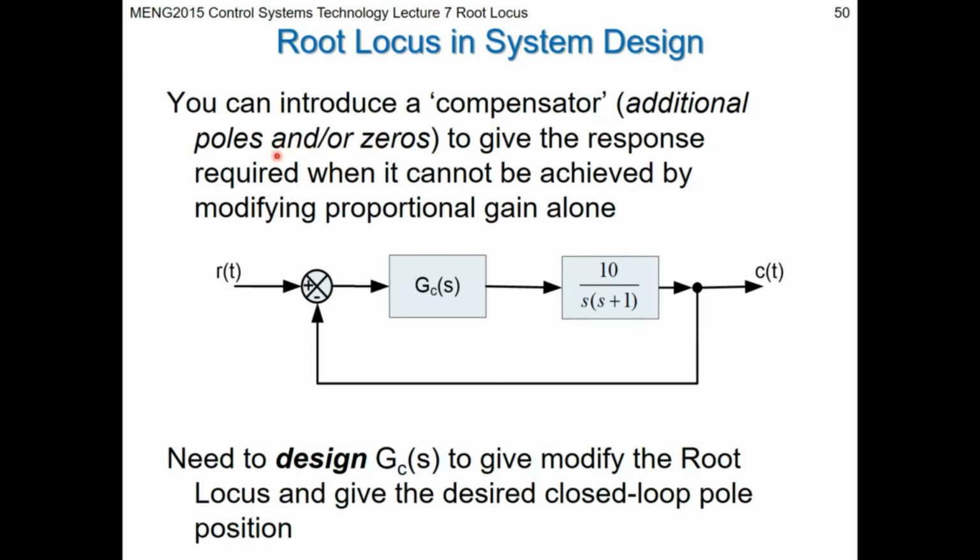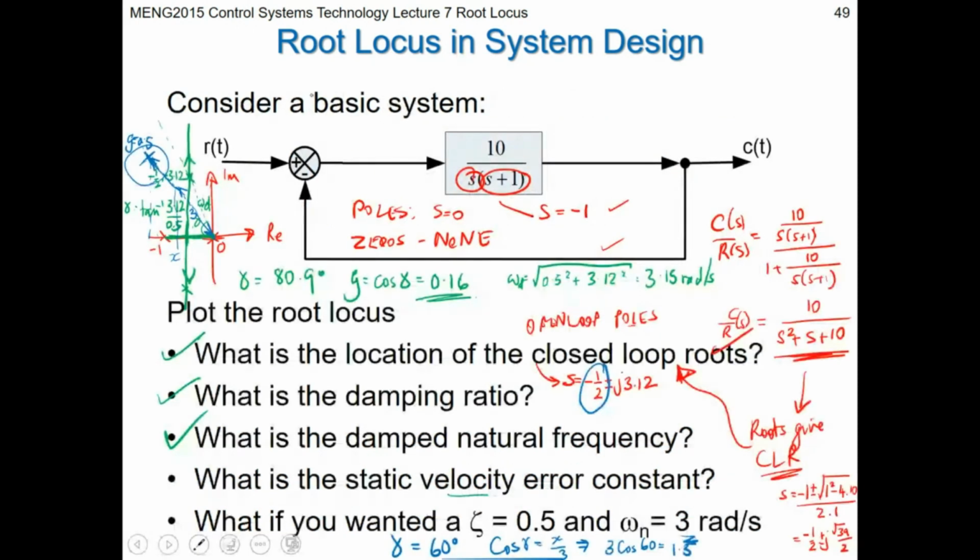You can add a real pole or a real zero, or you could add a complex conjugate pole or a complex conjugate zero. So you can add these different elements using that same root locus plot, and that causes the locus to change shape. That allows us to now get the response we require. So if we can change the shape of the locus, then we can get it to go through this point that we're trying to get it to go through.